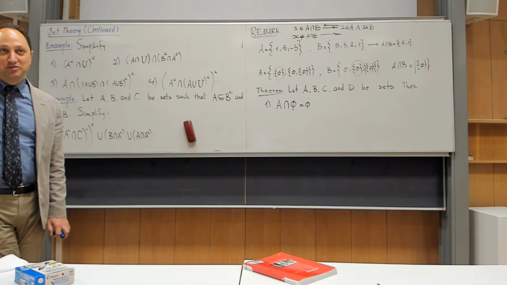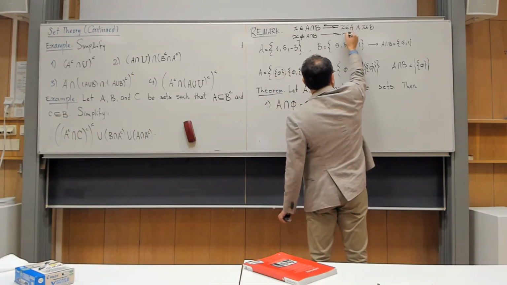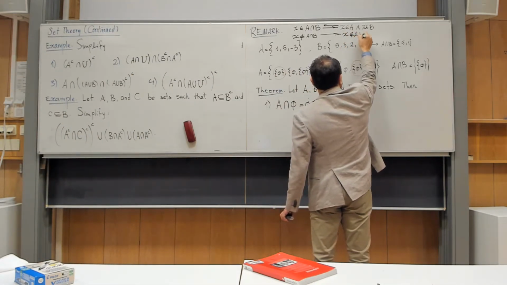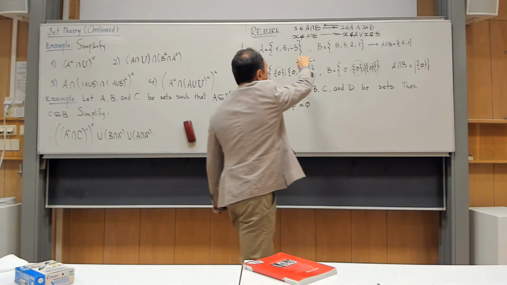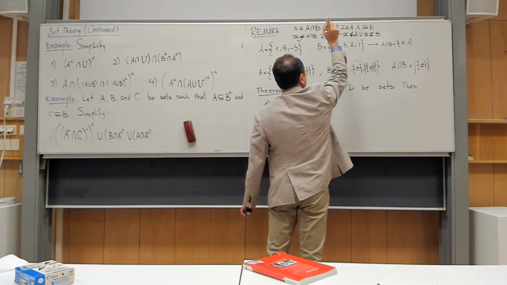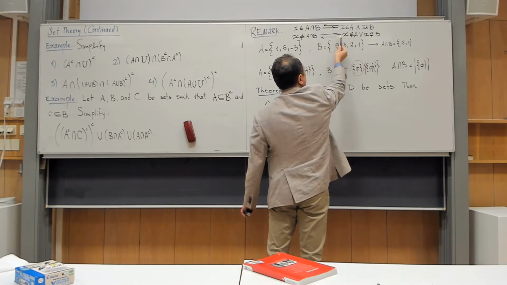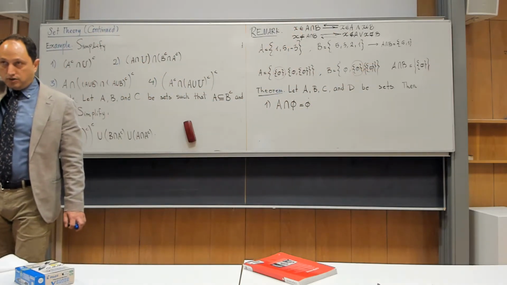X does not belong to A, or X does not belong to B. So that is good to write somewhere. We had something similar, if you remember, but I forgot to put the double arrows. You can go back and make it a double arrow, because in that case that was also correct.